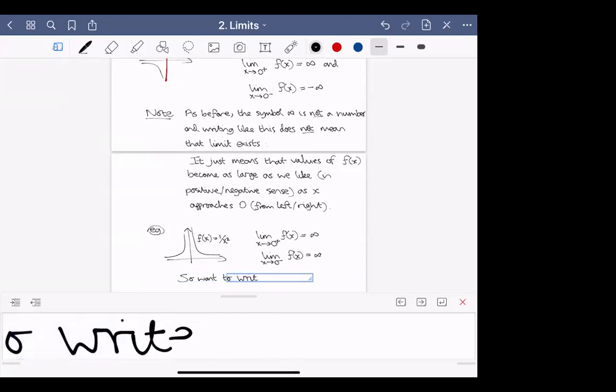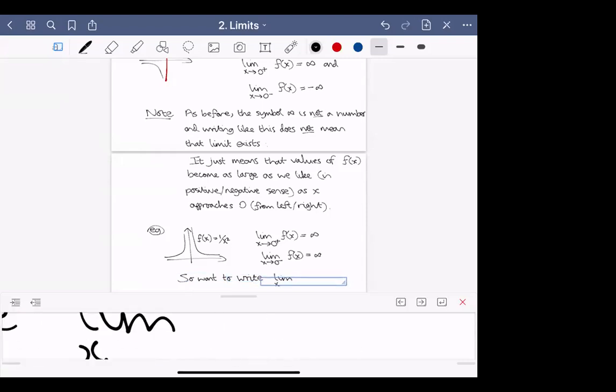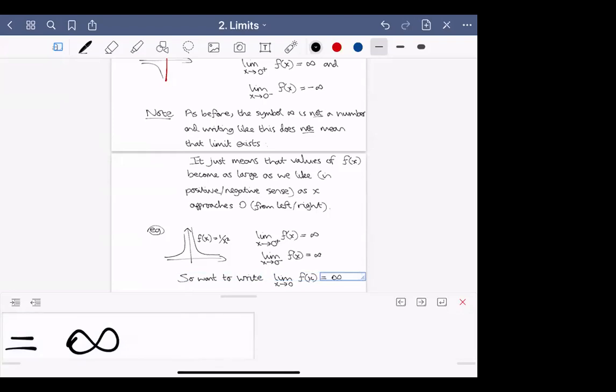So we want to write the same thing for these infinite limits. We want to write the limit as x goes to 0, f(x) equals infinity.